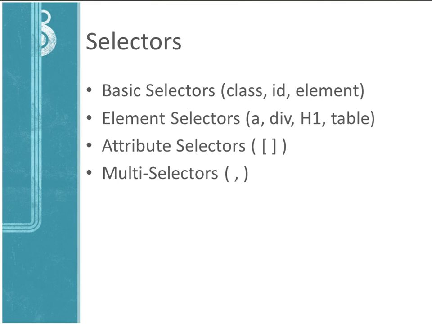We'll take a look at those. And finally, multi-selectors, which is really just a combination of all the above. It allows us to say, I want to select an element or a group of elements that matches this particular selector or that particular selector or another particular selector, and put all those together in one selector statement.